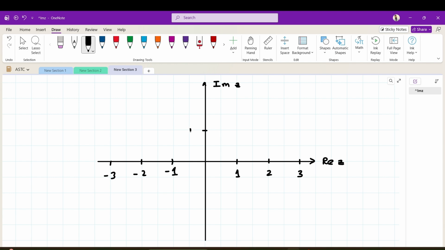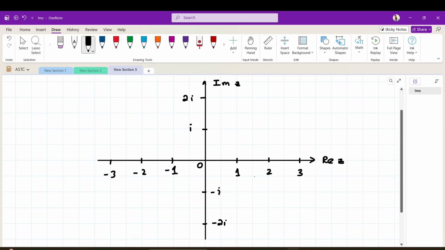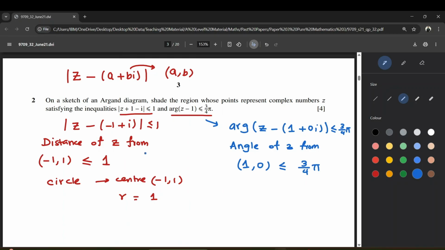Then here we have i and here we have 2i. Over here this is 0. This will be minus i and this will be minus 2i. All right, so the first one was a circle with center minus 1, 1.